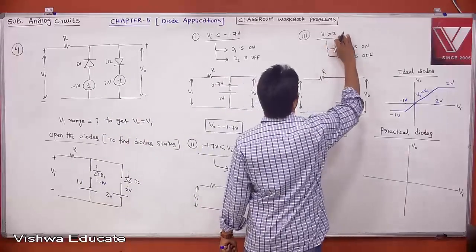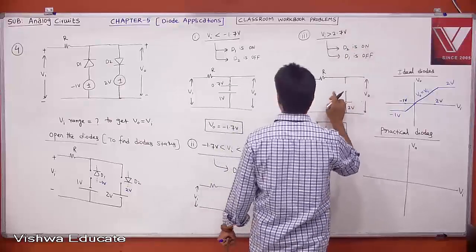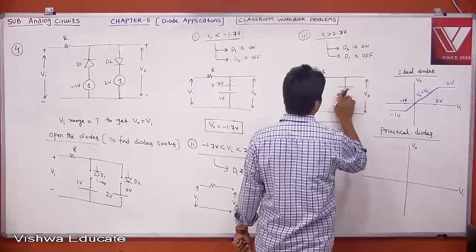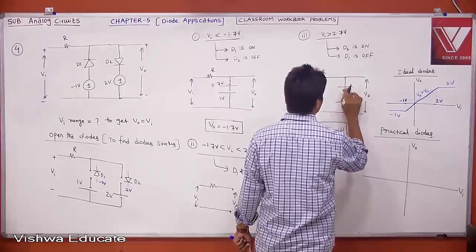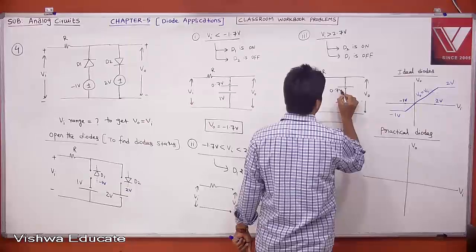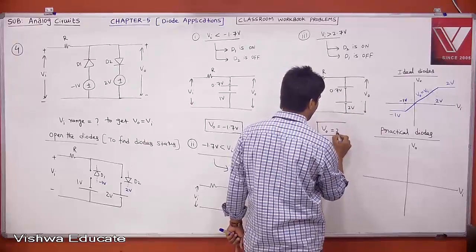When it is more than 2.7, it is a forward bias diode. The diode is represented with a battery, second approximation, which I already explained before, and this is your 0.7. Therefore, what is your V0? Your V0 is 2.7.